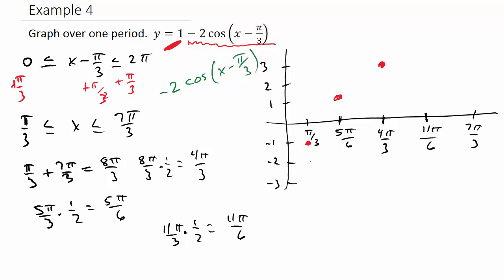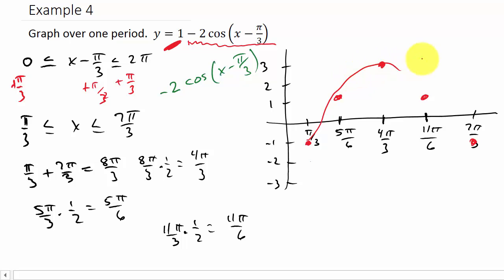And then it goes to 0, and then I'm adding 1. And then cosine ends with its maximum, but since there's a negative in front, it's going to go to its minimum, and then I'm going to add that 1. So negative 2 plus 1 is negative 1, and there's the graph.